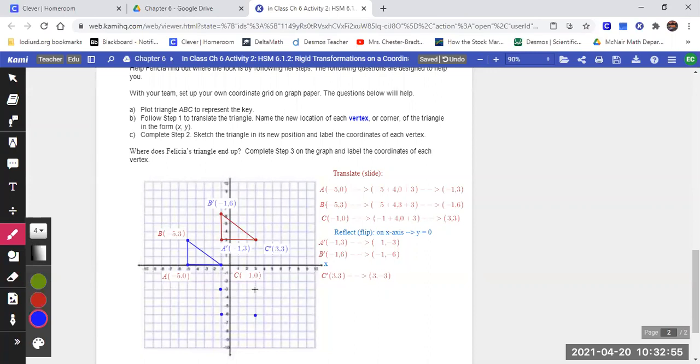Oh, I went to 6 and should have +3, -3. Okay, sorry. There we go. Okay, connect our dots.